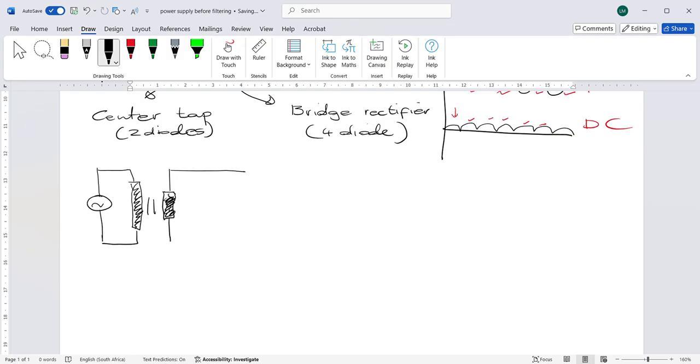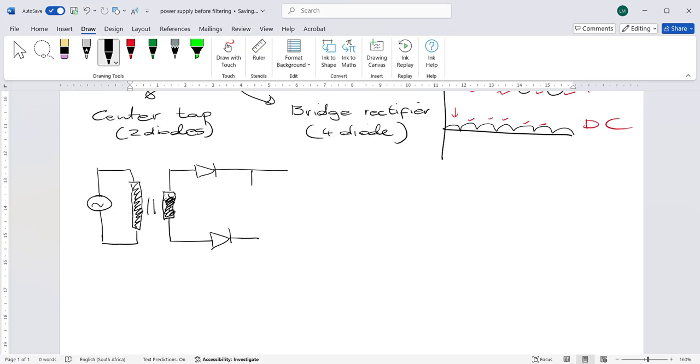Then you've got the center tap. Now here you've got a diode and another diode here.